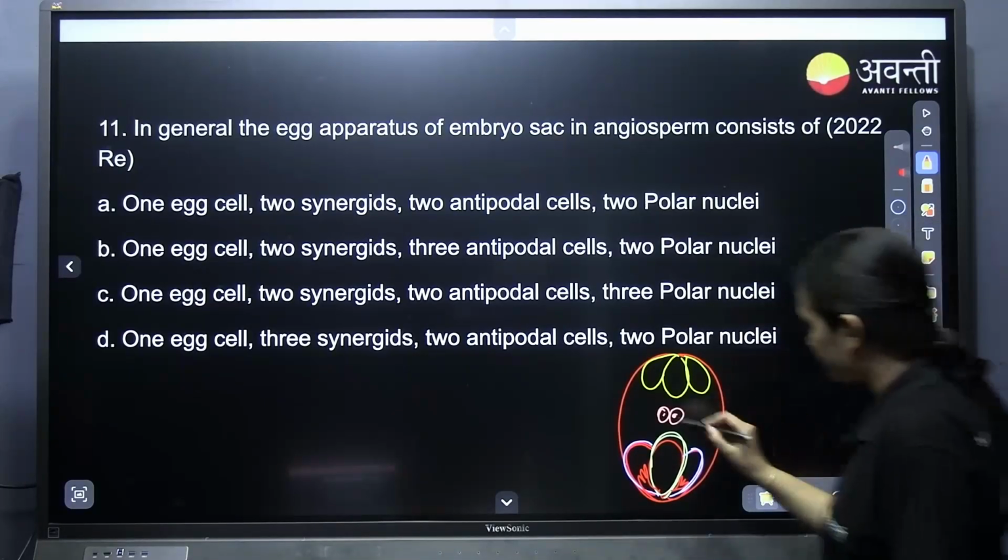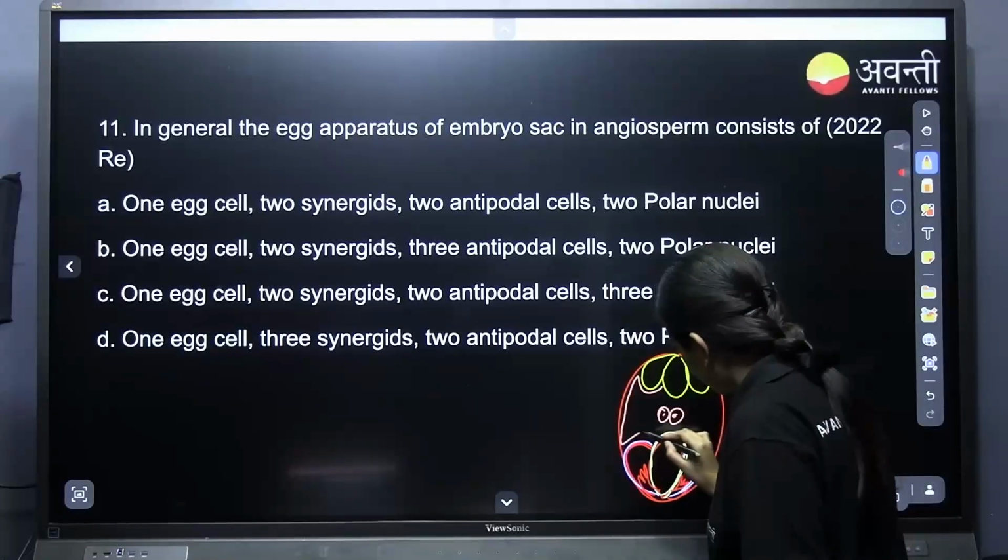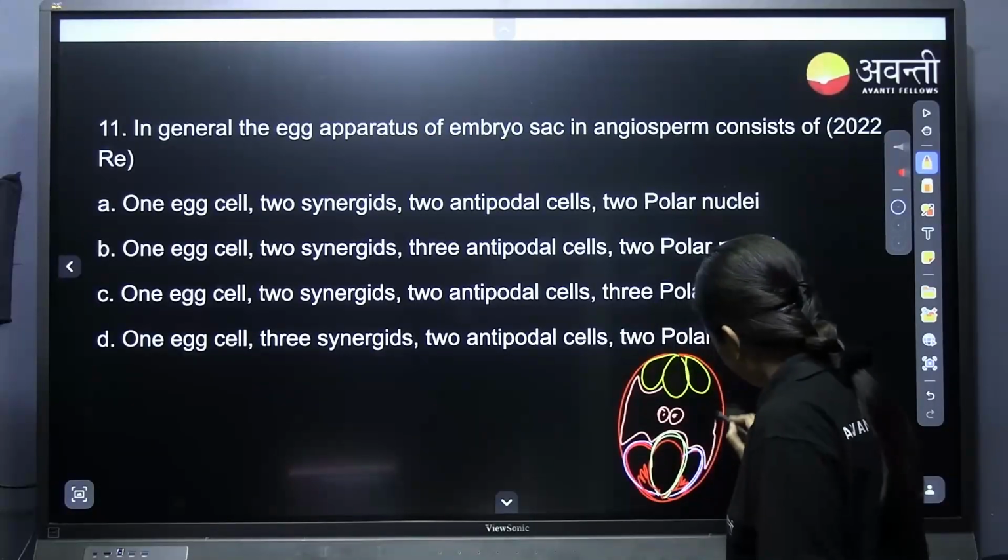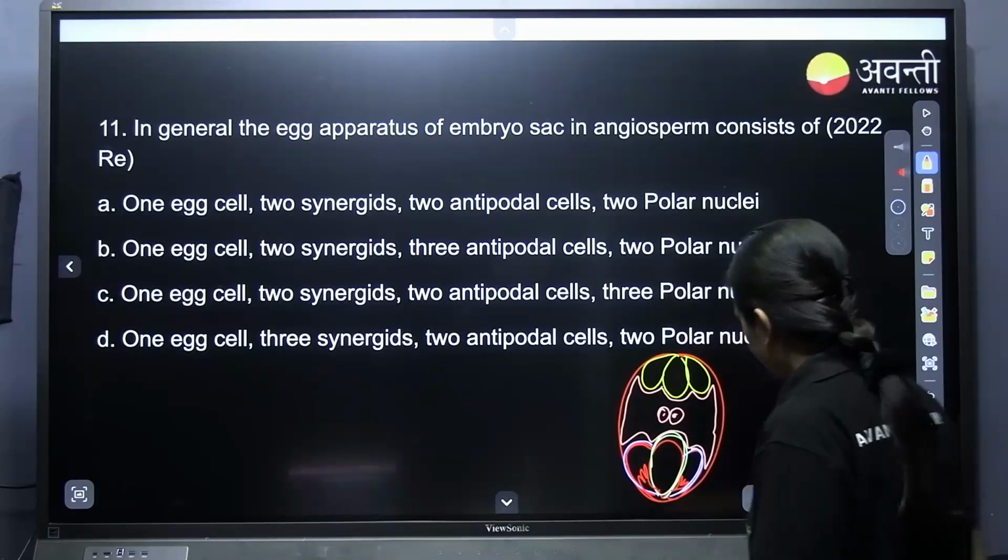And this is a large central cell, we call it the large central cell.